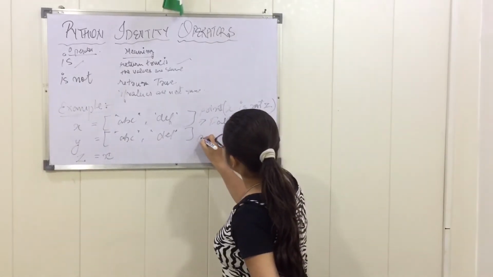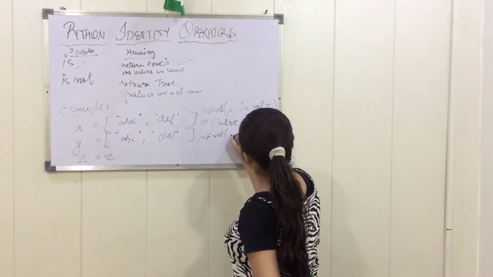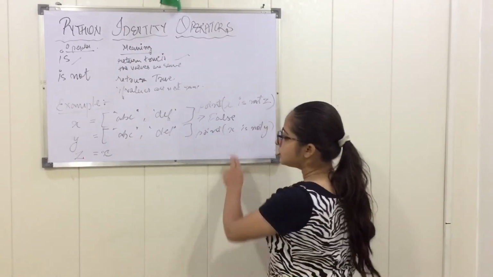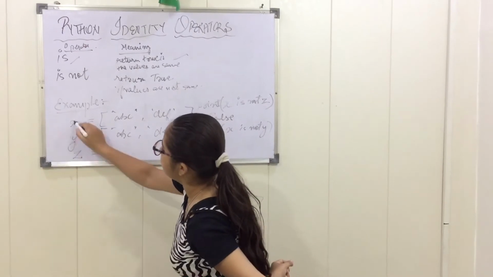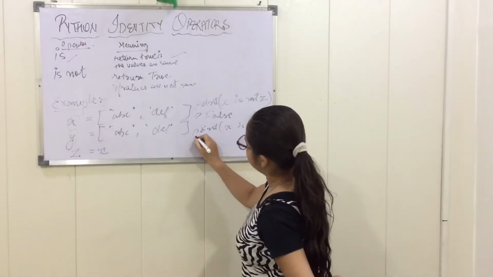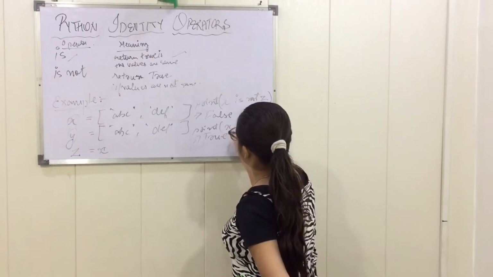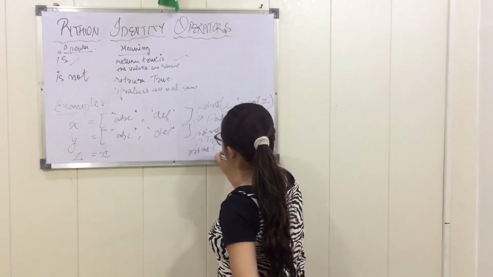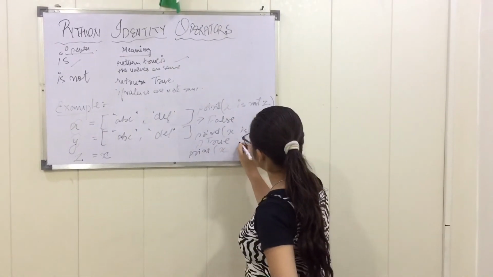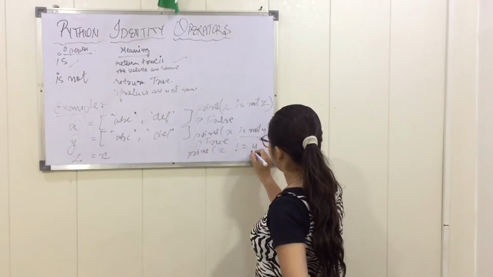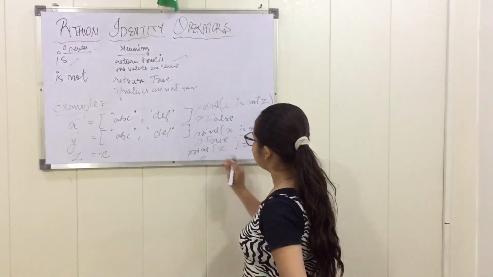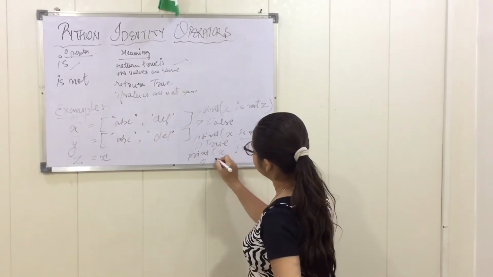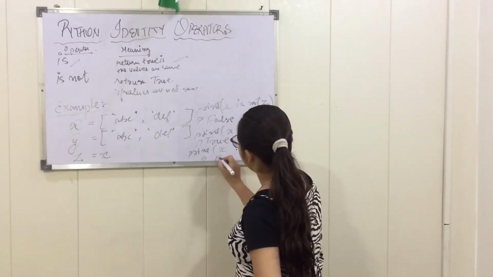Now the second one is print if X is not Y. This is true because the memory locations are different, and we are asking is not, so the answer is true. The third one is print if X is not equal to Y. According to the memory locations, X is not the same as Y, so the answer is true.